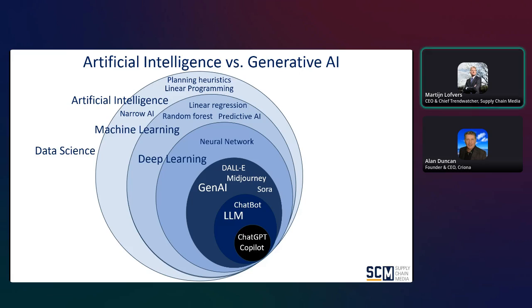So if you look at this, you have been working at Gartner, and you have also been working at Blue Yonder. So if you look at it, where is the sweet spot for AI in supply chain?